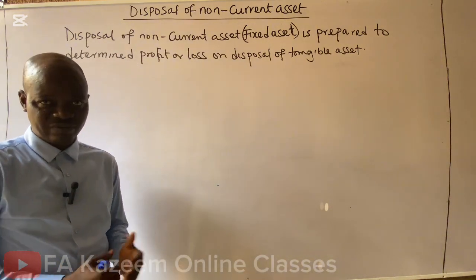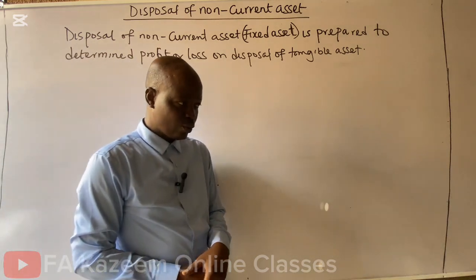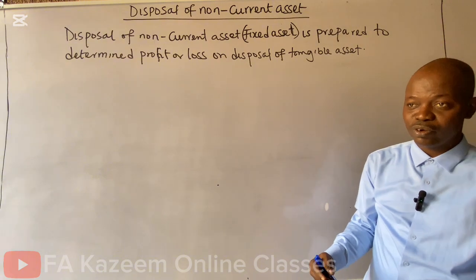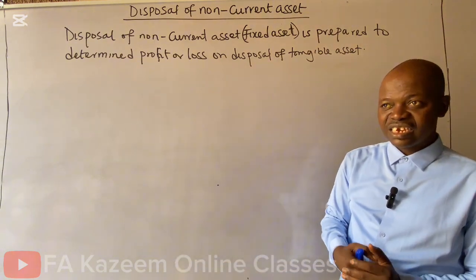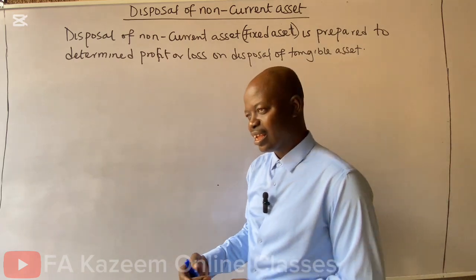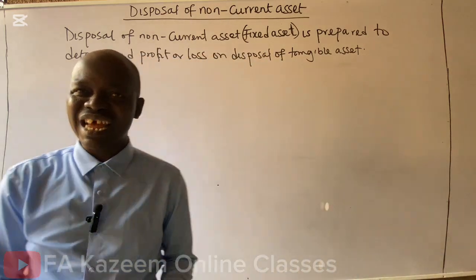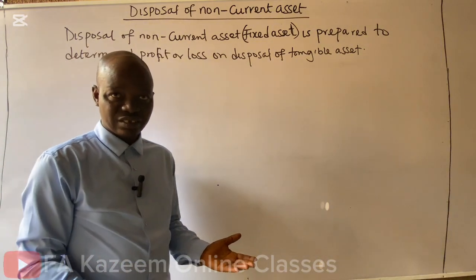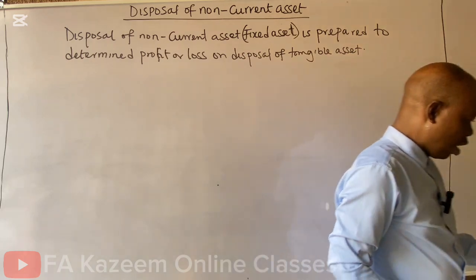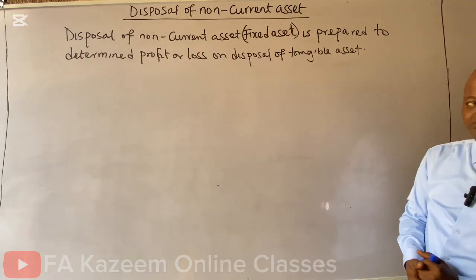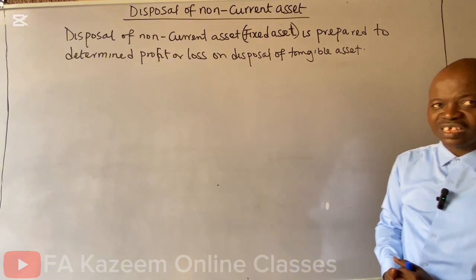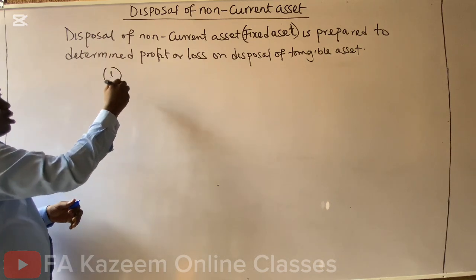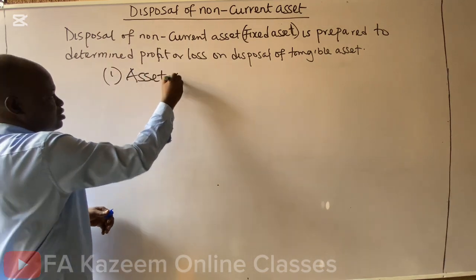But our own objective of this topic is to know whether the asset has been disposed for loss or for profit. In that case, what are those accounts that are prepared to know if an asset is disposed at profit or at loss? One, we'll prepare asset account.